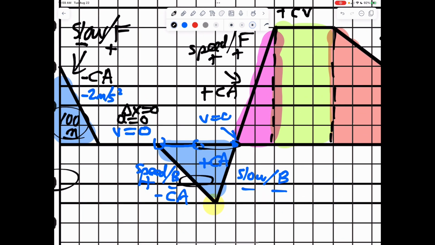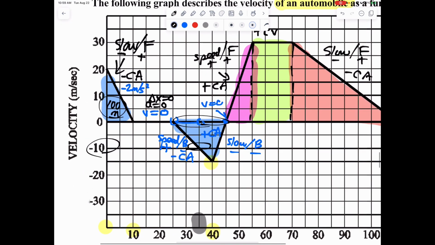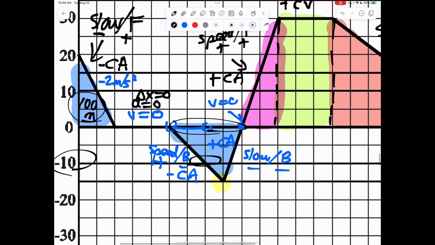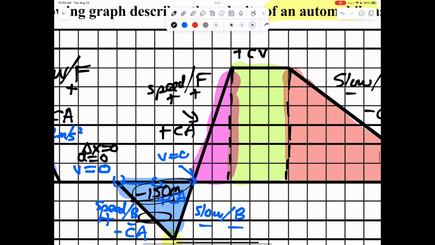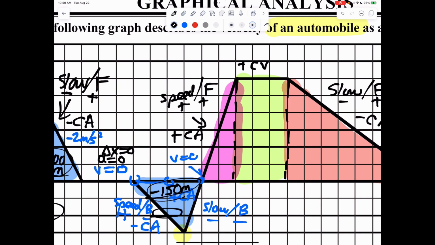Okay, base, well, you're going 25 to 45. So the base is 20, the height is 15. 20 times 15 is 300. Take half of that. This is negative 150 meters down here. The third shaded region has a base of 10, a height of 30. That's 300.